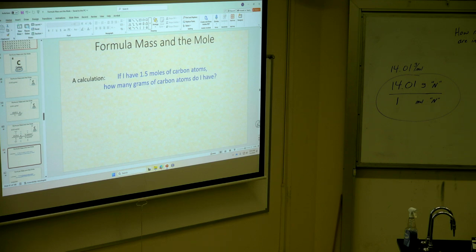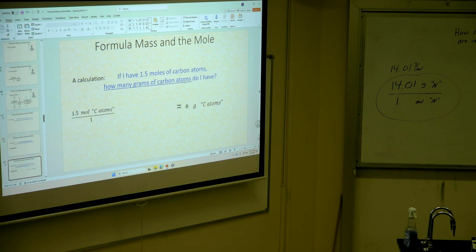Here, they're all there. 1.5 numerical value, moles, unit, carbon atoms, label. How many, pound sign, grams, G, carbon atoms, in quotation marks. So now there are no blanks. And you don't see the blanks in the way the question is phrased.